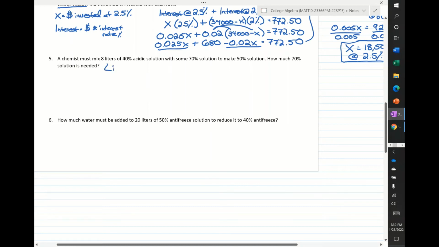Let's make a table where the first column is liters. The second column is percent pure acid.